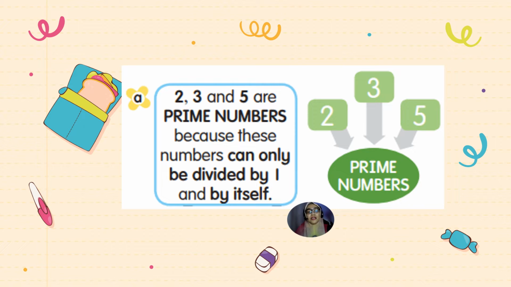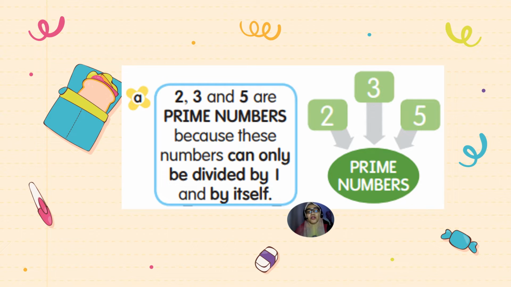Okay, let's look at this example. We have number 2, number 3, and 5. So 2, 3, and 5 here are prime numbers, because these numbers can only be divided by 1 and by itself. 2 divided by 1 equals 2, and divided by itself, 2 divided by 2 equals 1.